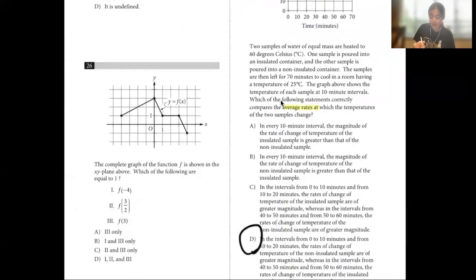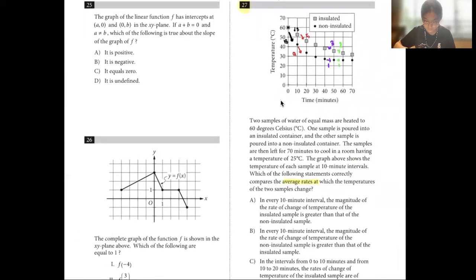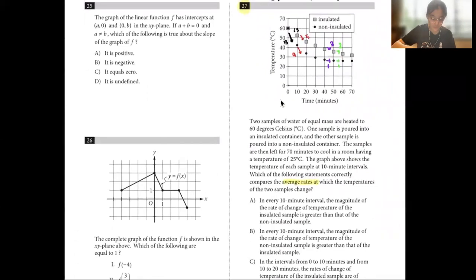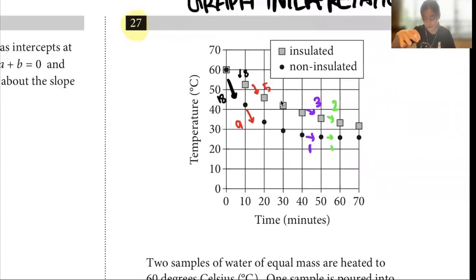So you just need to look at one option and see it apart from the rest, if that makes sense. So first, we want to know the rate of change, and it kind of differs per time interval. So I just kind of wrote an approximation of how much it changes.